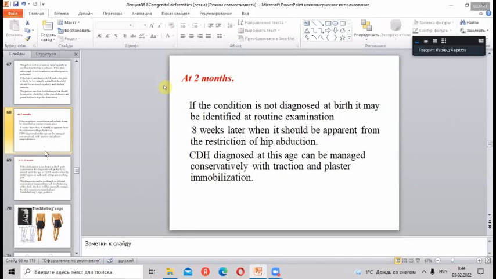Congenital dislocation of the hip diagnosed at this age can be managed conservatively with traction and plaster immobilization.